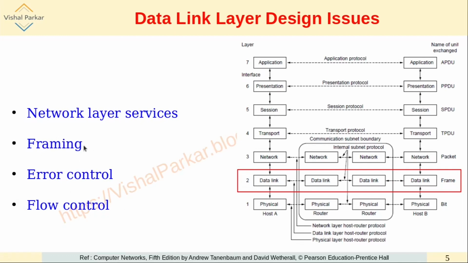Framing basically means that whatever data is received from the network layer, for every layer there is a specific name given to the data unit which is transferred. So at the physical layer, the basic unit of data transfer is bit.